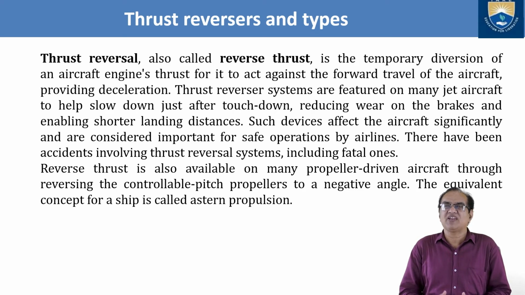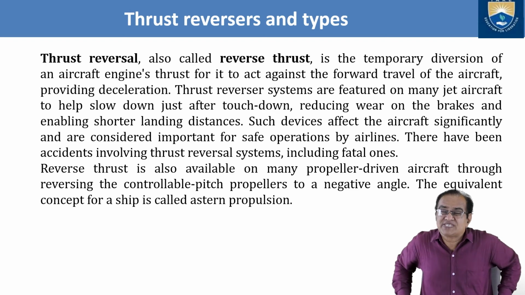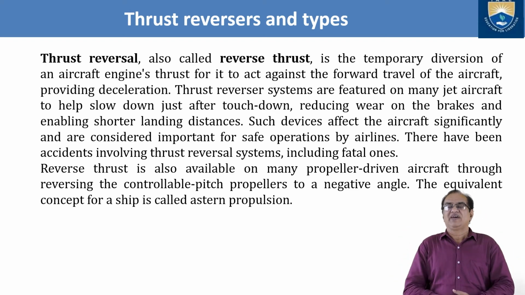So most airlines prefer thrust reversal. There have been accidents involving thrust reversal systems, including fatal ones. So due to thrust reversal, some very dangerous accidents have also taken place.